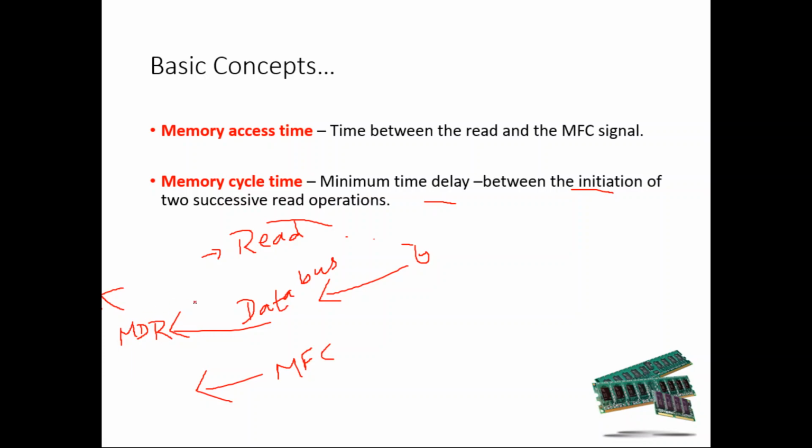Now if there is another read operation, then again that address will be loaded into MAR and a read should be generated. So the time delay between the initiation of two successive reads, that is, between creating the first read operation and the next read operation, is called memory cycle time.